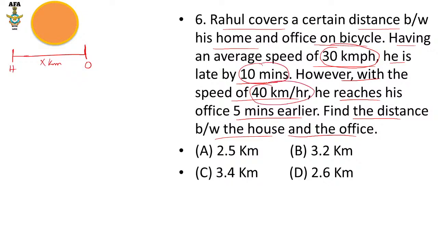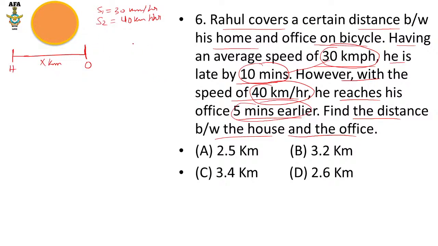However, with the speed of 40 km per hour, he reaches 5 minutes earlier. So S1 is equal to 30 km per hour and S2 is equal to 40 km per hour. Find the distance between the house and office.